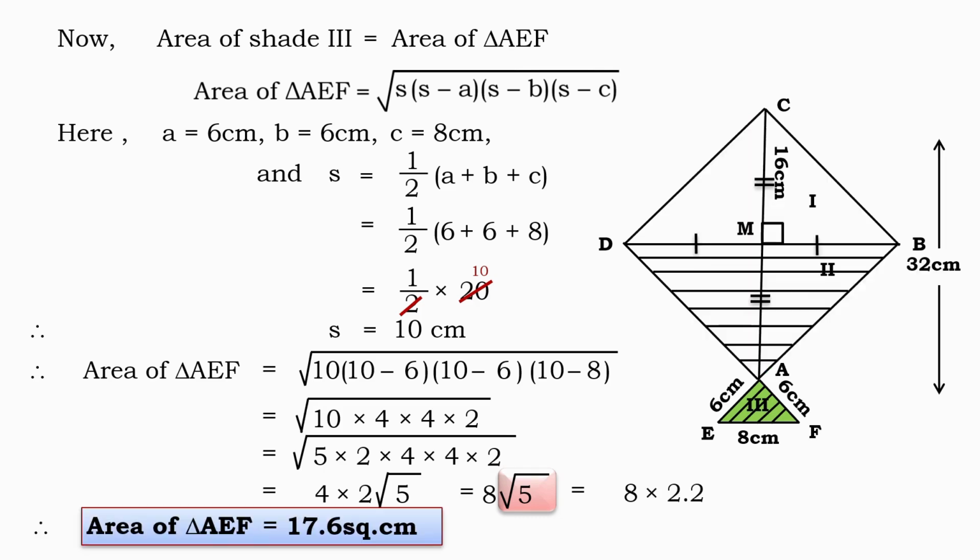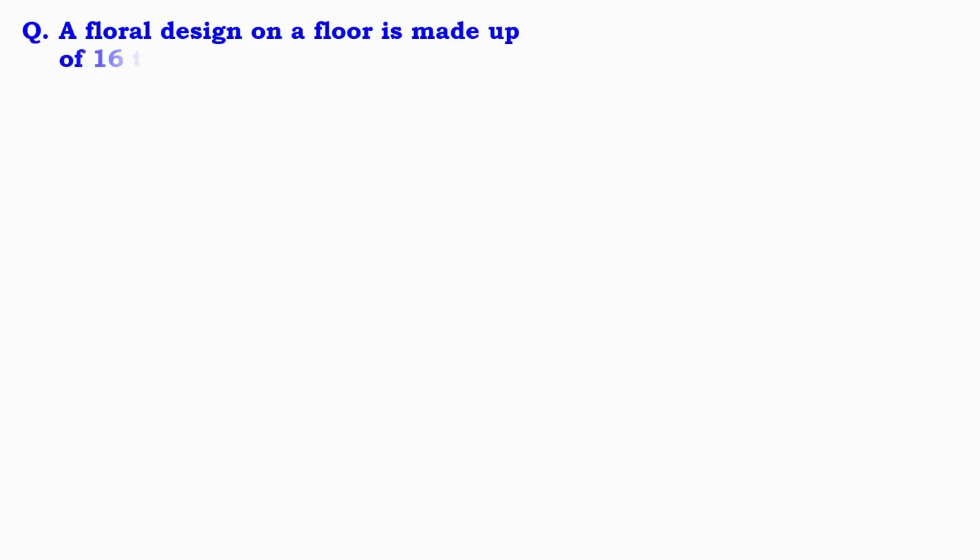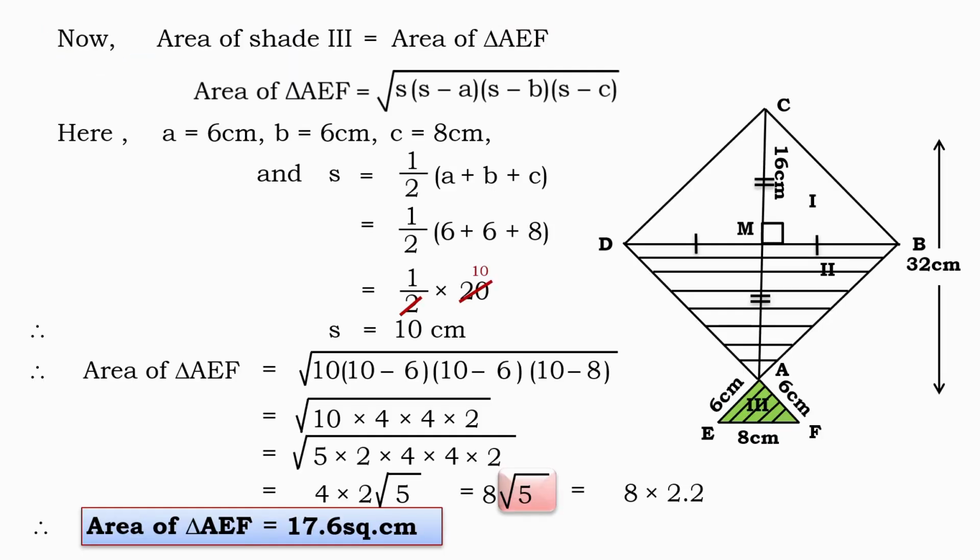So 8 into 2.2 comes to around 17.6 square centimeters. This is the area of triangle AEF, so this is the final answer.